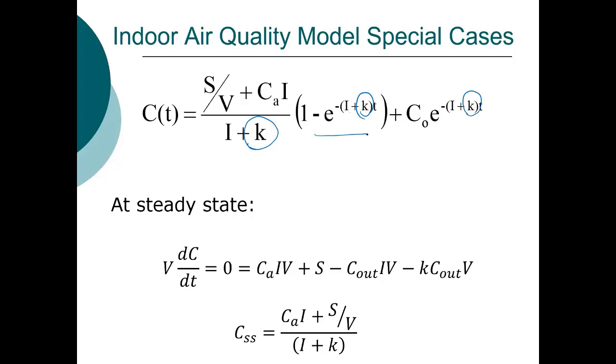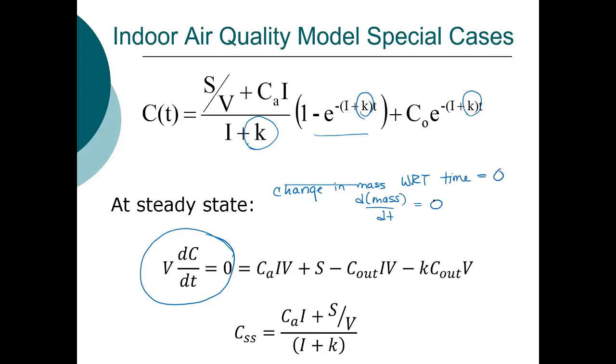So at steady state, the change in mass with respect to time is equal to 0. For those of you that haven't taken 483 yet, we will use this same set of notation in 483. For those of you that haven't taken the FE, these types of problems are on the FE.